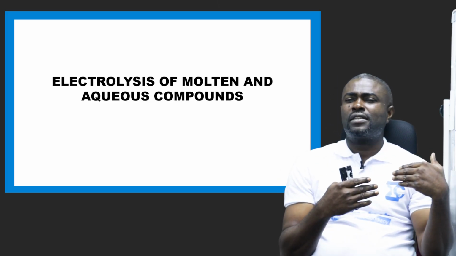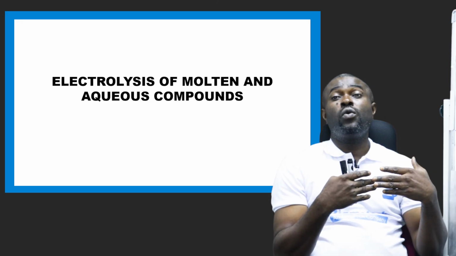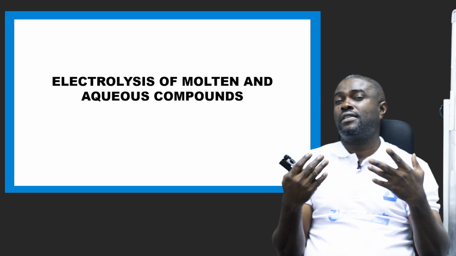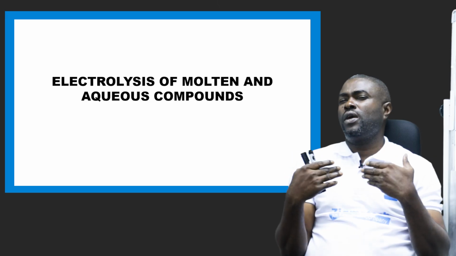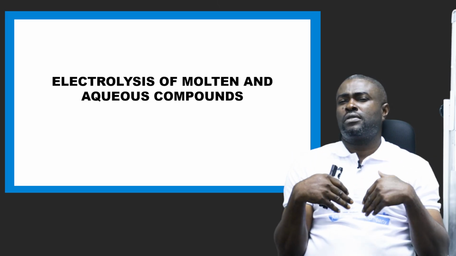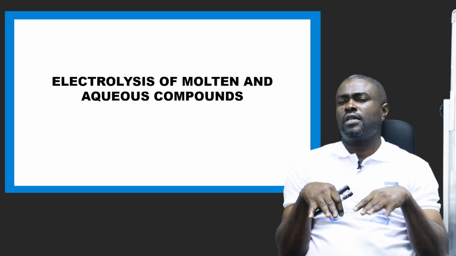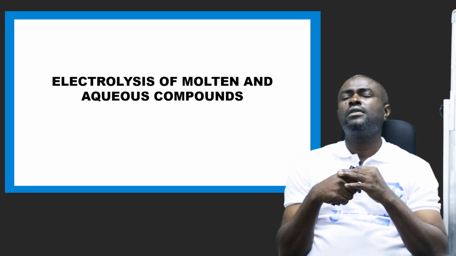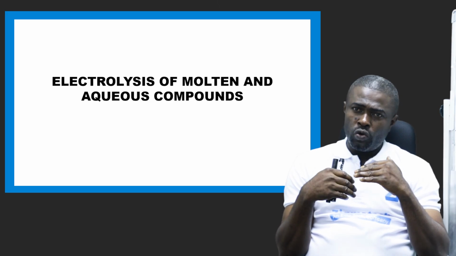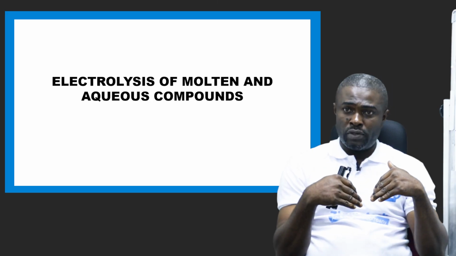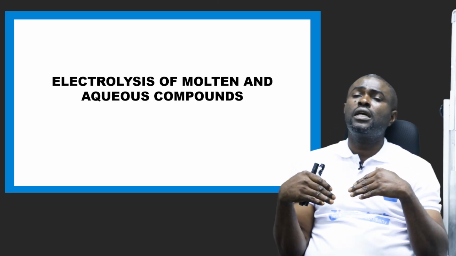In our last class, we were able to establish the fact that when these ionic compounds separate into ions inside the cell, you will have positive ions and the negative ions.